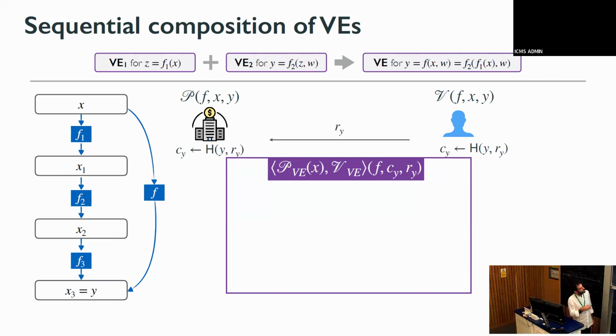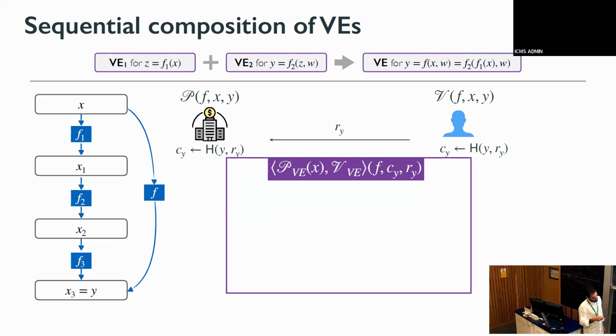So you compute Y as F1 of F2 of F3 of X. And the way you build a V for this function F from V's for the subroutines is by doing the following. So in the interactive proof, you would send first the RY, right?